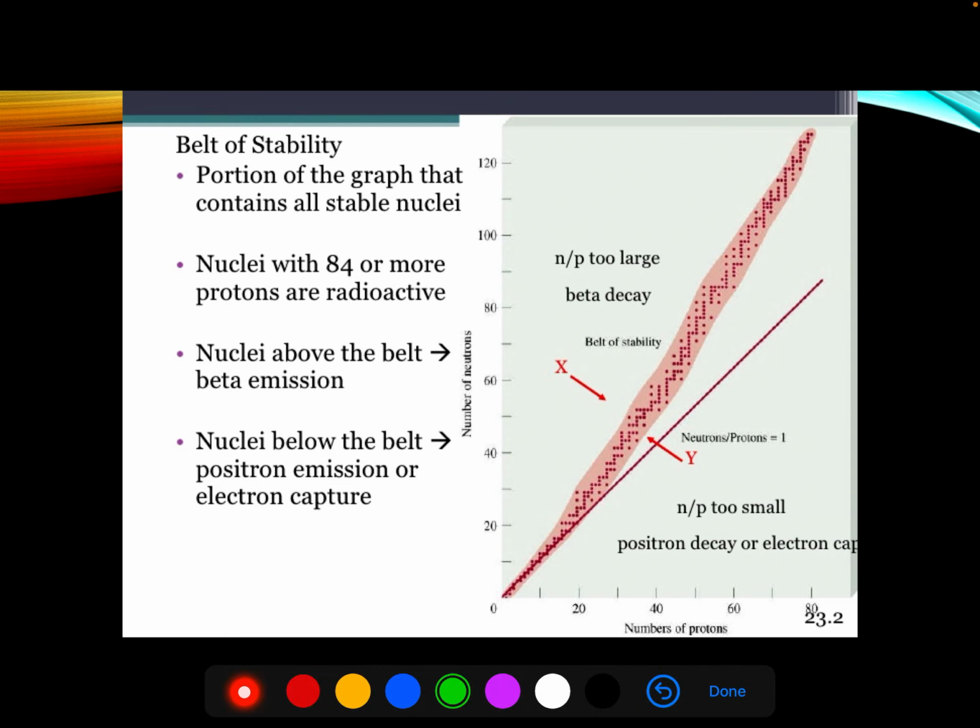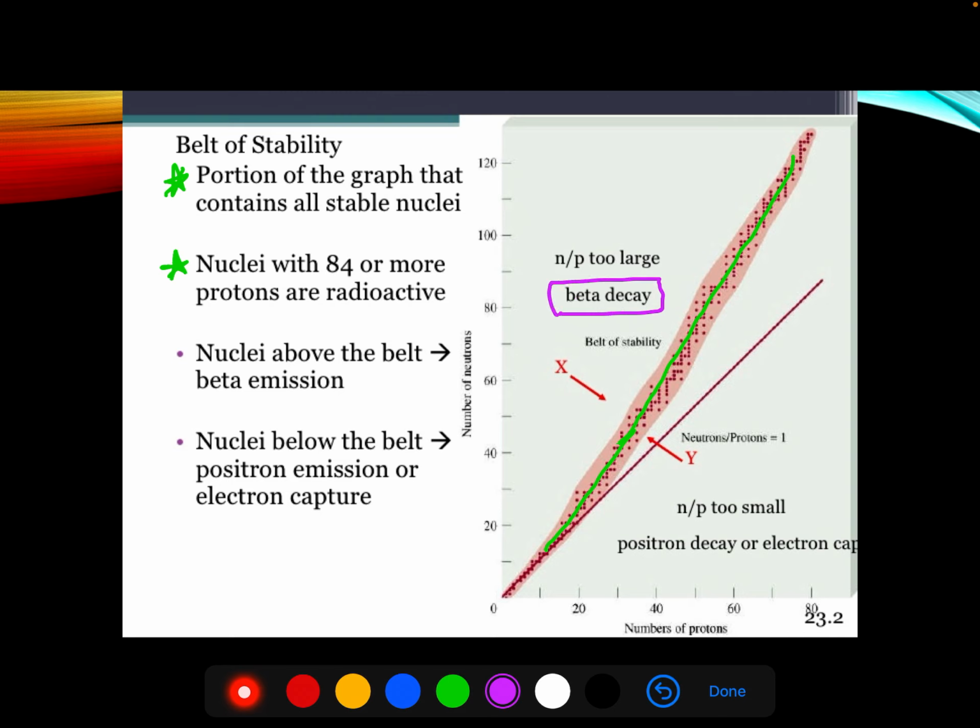And that's because of this belt or band of stability, and it moves away from the one-to-one curve. So again, the belt of stability is the portion of the graph that contains all the stable nuclei. Nuclei with 84 or more are automatically radioactive. Nuclei above the belt go through beta decay, and I'll explain what that is in a minute.